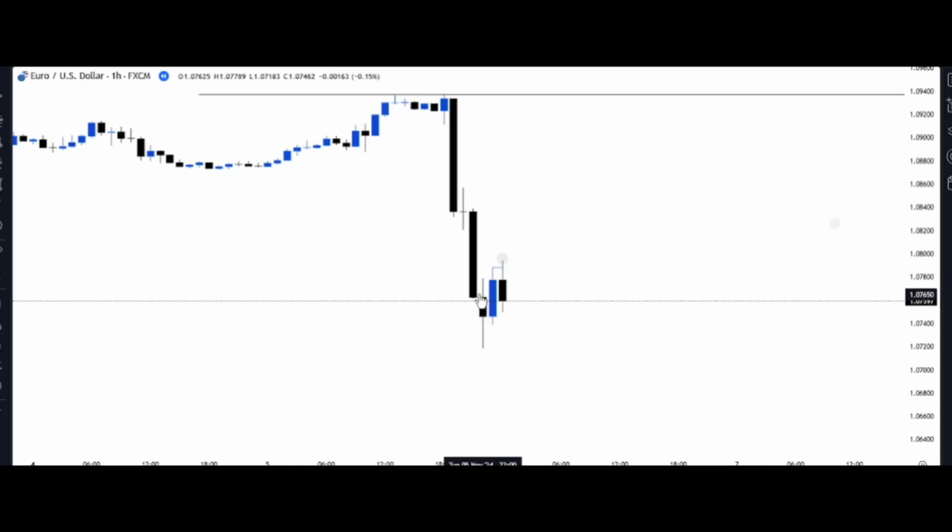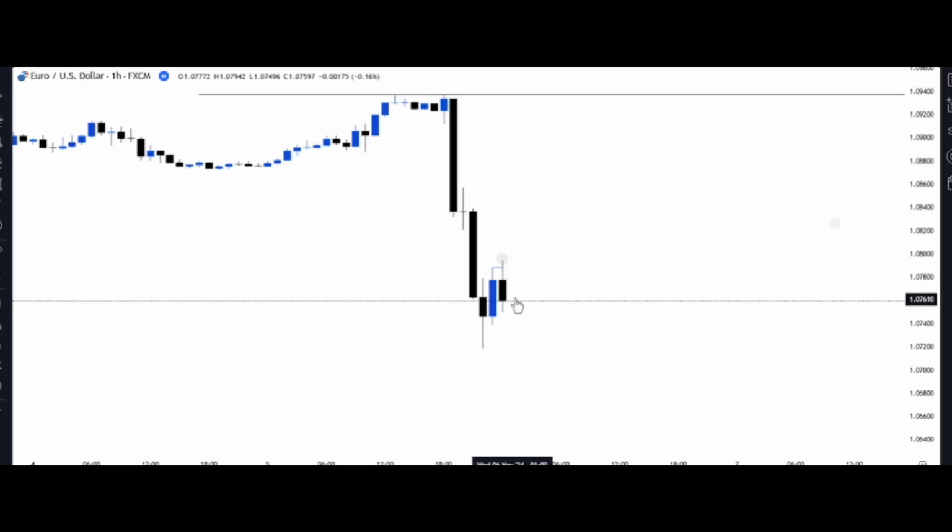That has to happen. Very important. Price has to take out the high of the previous candle with a candle wick, not with a candle body. And that candle wick must be at least 50% of the candle body. As you can see, this is about 50% of this candle body. So this is proper. It has met all the conditions that we discussed on our checklist.